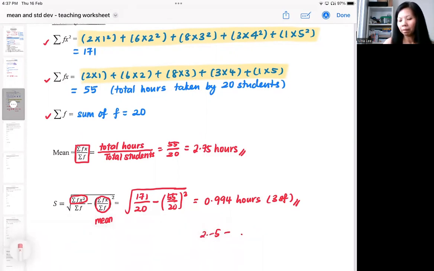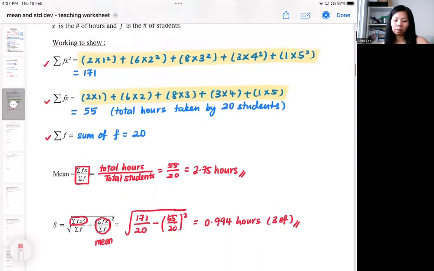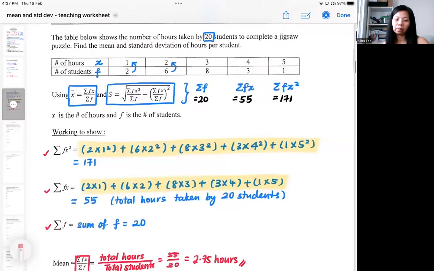Another person could be 0.994 added to the 2.75 hours, or 2.75 minus 0.994 hours. So that is the deviation, how much you deviate from the mean.